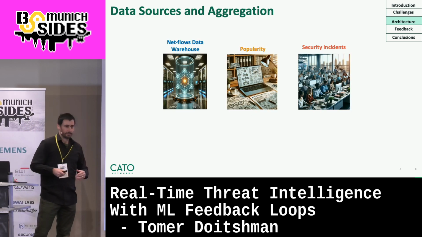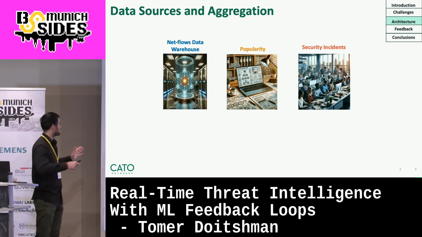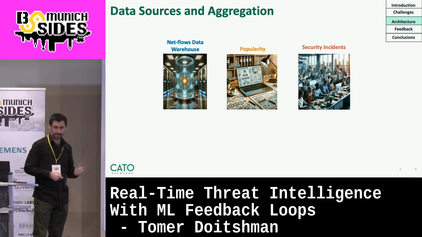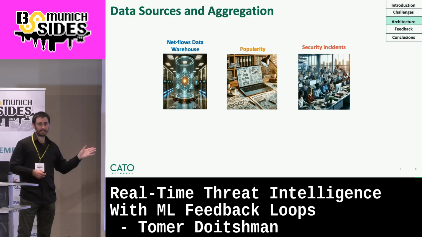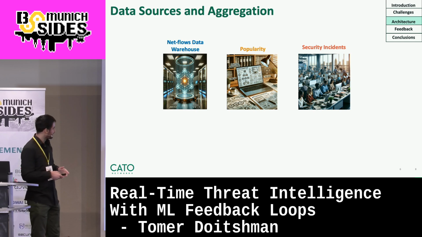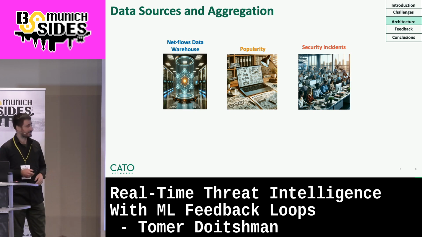So we talk about many things here, aggregation, data feeds, but except for the IOC feeds, which we get from a third party somewhere on the internet, we have the internal data we are working with in Cato. This internal data is used most of the time to filter out false positives. The first data source we are using is the NetFlows data warehouse.